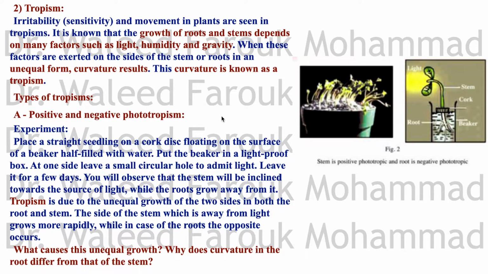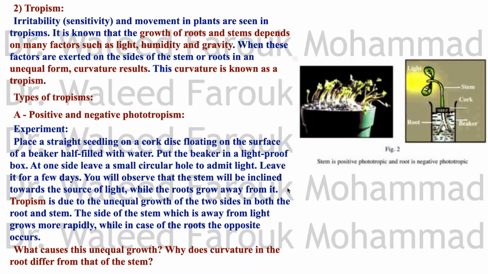Types of tropism. Let's talk about phototropism first. Experiment here. Bring a seedling on a cork disc floating on the surface of water in a beaker, and put the beaker in a light-proof box.